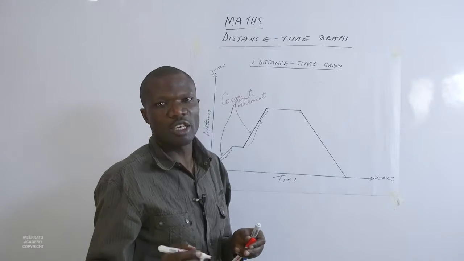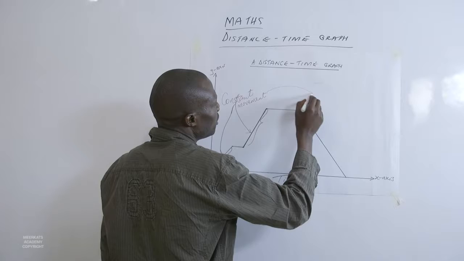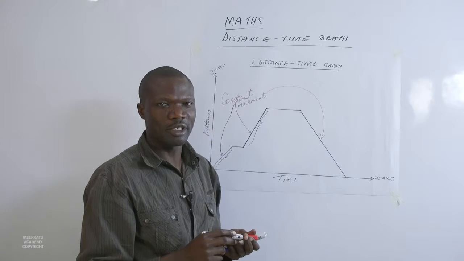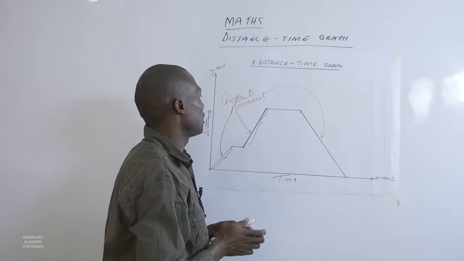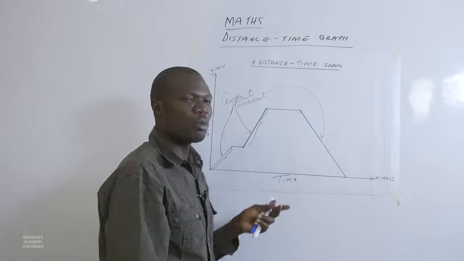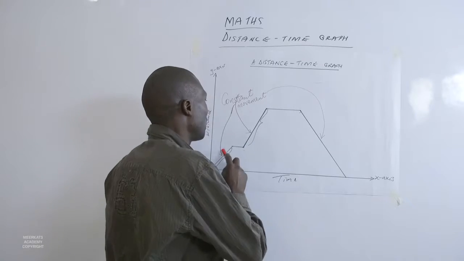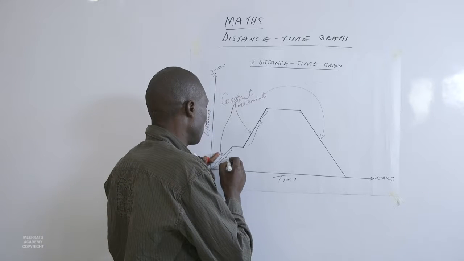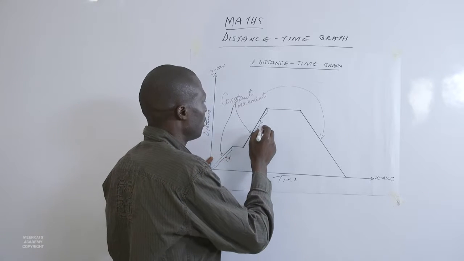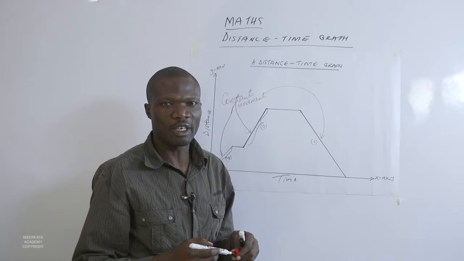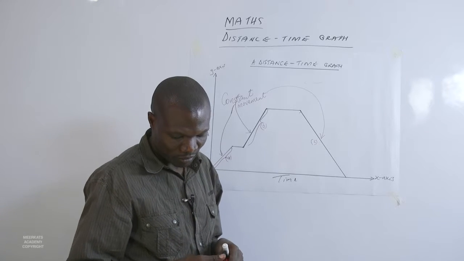The same constant movement can also be seen here. Right? So when such situation occurs when you are drawing your graph, automatically I'll know which part had a constant movement. I'm able to see that we have the point labeled A, the point labeled B, and the point labeled C. There is a constant movement.